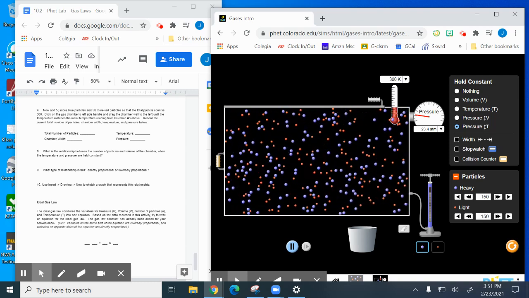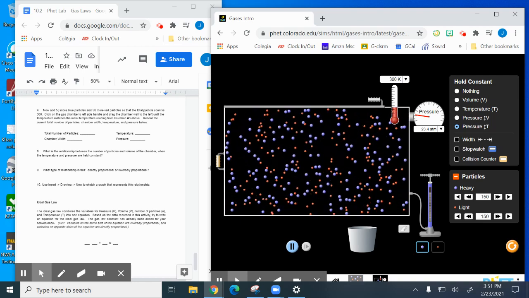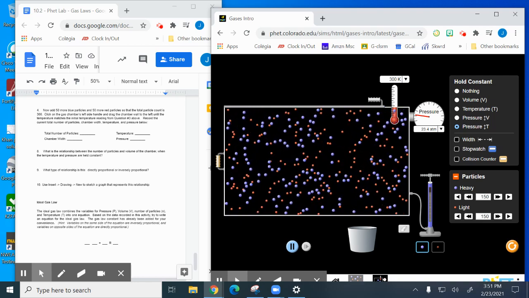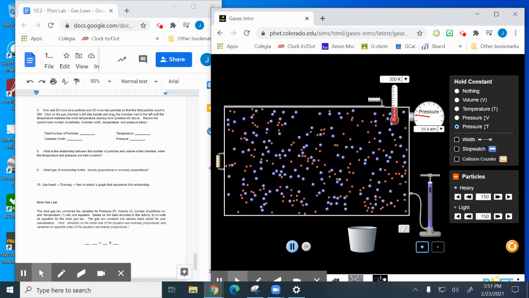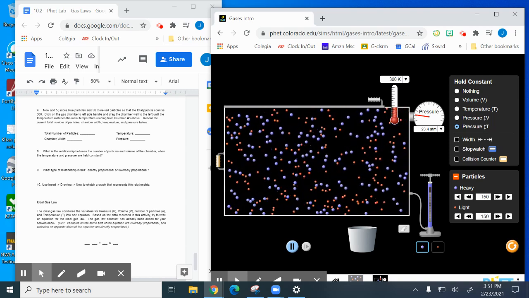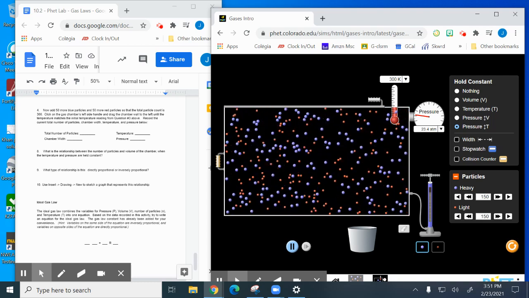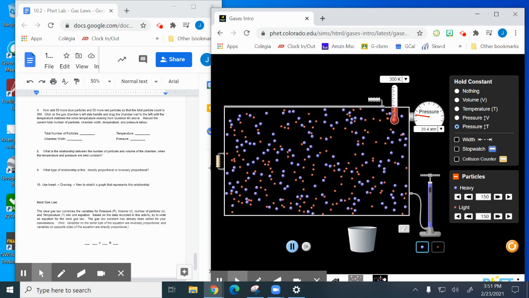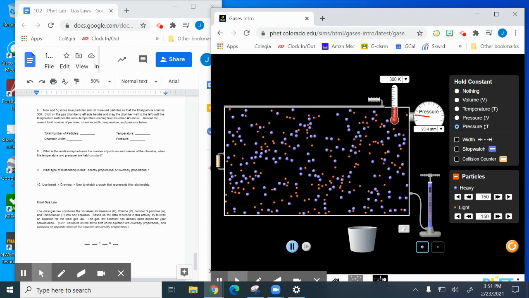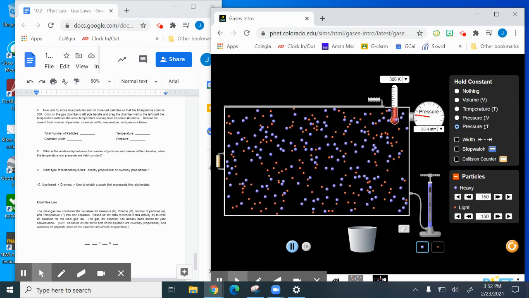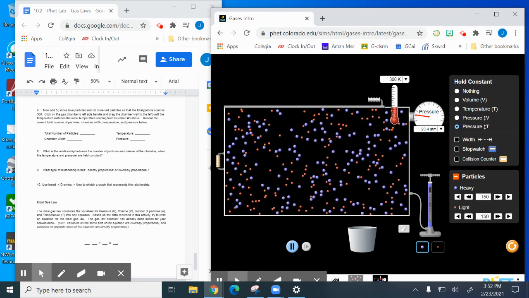So the odds of a collision happening are lower because you have the same number of atoms in there, but much more wall space. Plus, the atoms have to fly further to get from one wall to the other, so the rate of collisions also goes down.